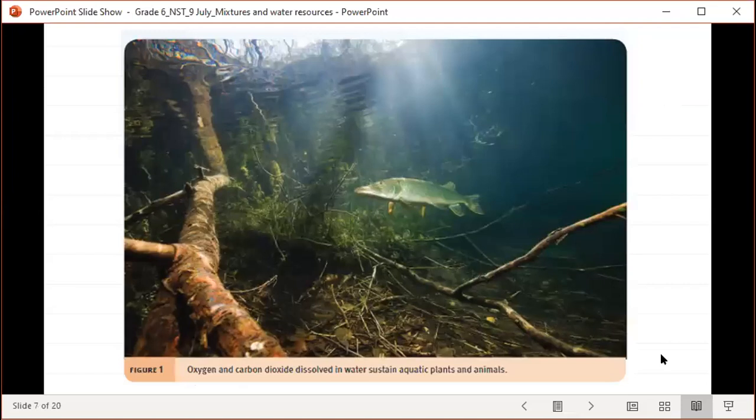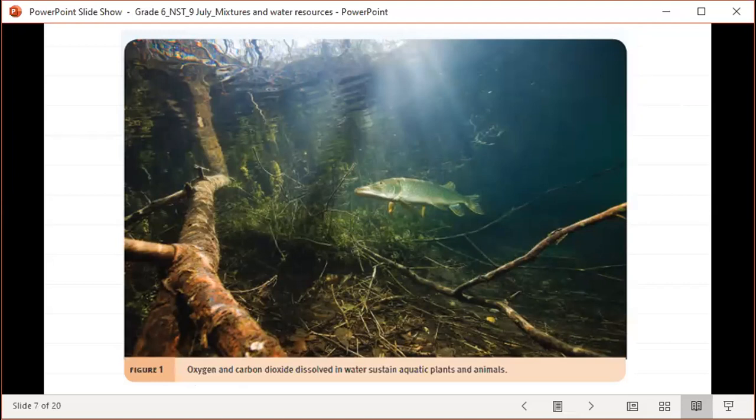Okay, cool. So here is a picture, guys, showing how oxygen and carbon dioxide are dissolved in water to sustain the aquatic plants as well as animals. So, guys, we do have life underwater. Okay, so we do have life underwater, we have plants underwater, we have animals as well underwater, and they survive by the oxygen and carbon dioxide, which is dissolved in the water.